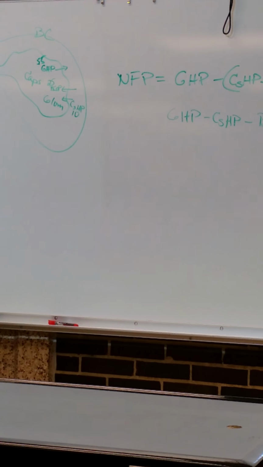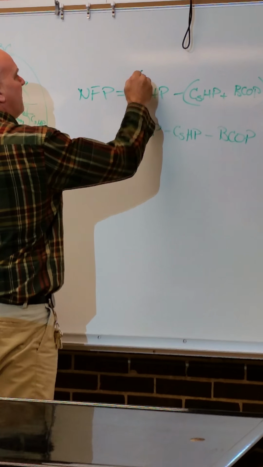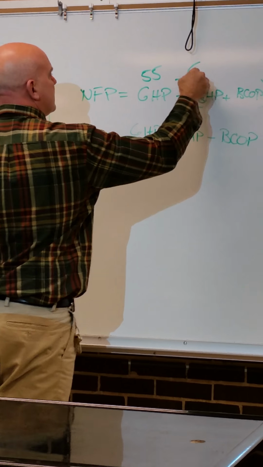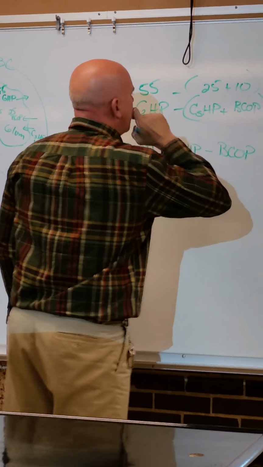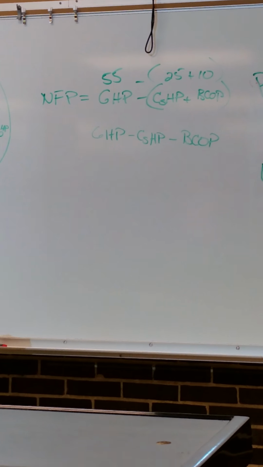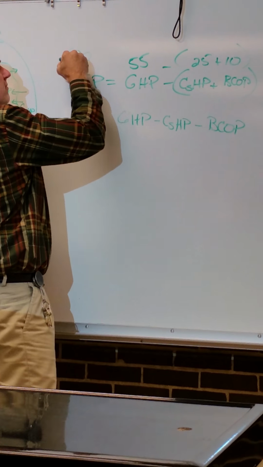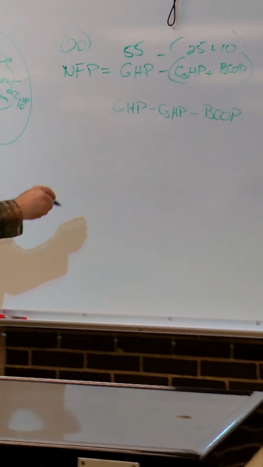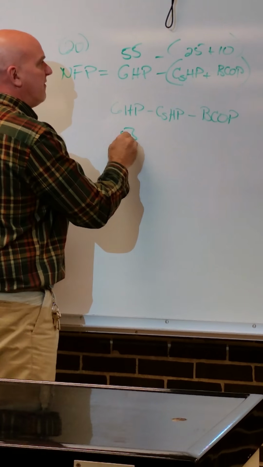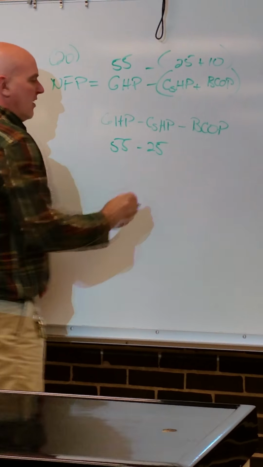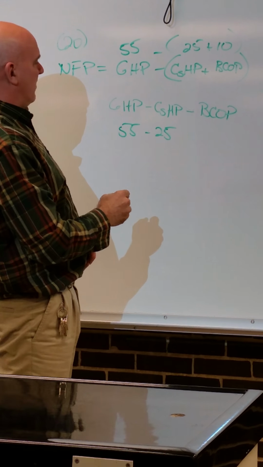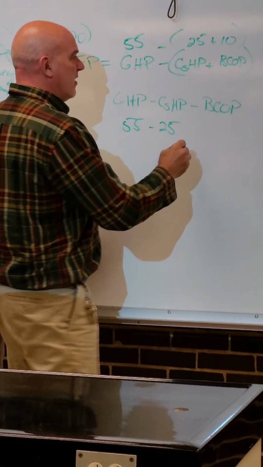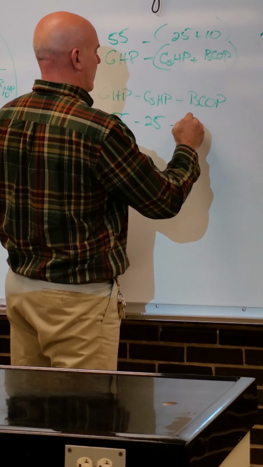So my net filtration pressure equals 55 minus the sum of 25 and 10. In other words, it's 55 minus 35. Let's use the other one. Net filtration pressure equals 55 minus 25, which is 30. 30 minus 10, 20.